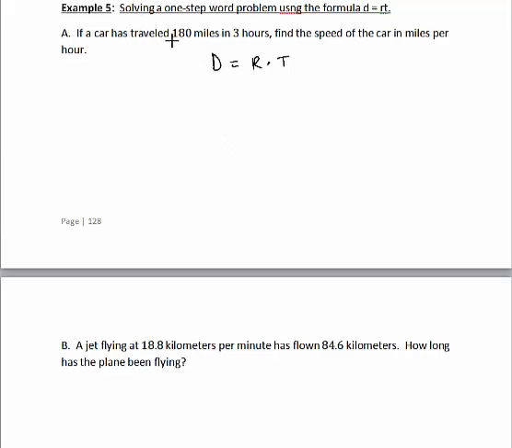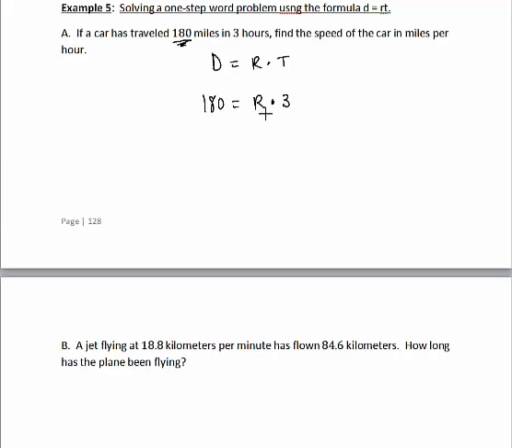So in example 5, we're given the distance already, 180 miles. So it replaces the D in the formula. And then we're given the time, T equals 3 hours. We want to find the speed, or in this case, the rate of speed, R.